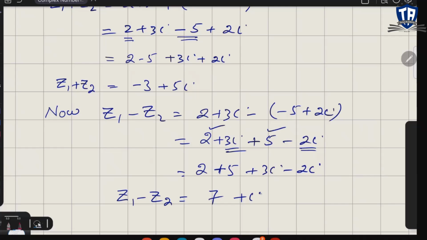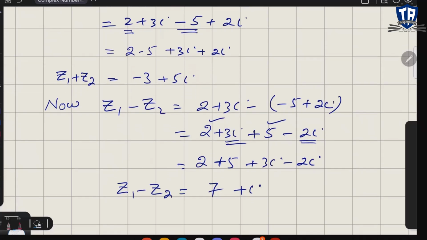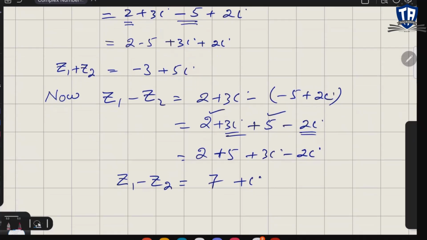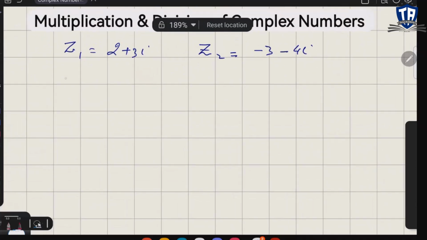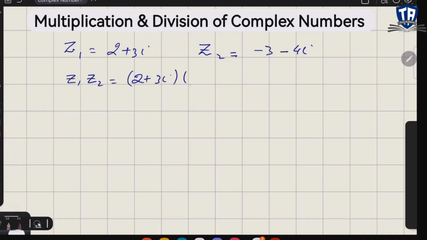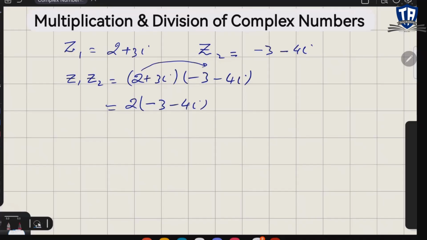Okay, next is multiplication of two complex numbers. When we are going to multiply two complex numbers, we write them in brackets. And multiplication is very simple. Minus 3 minus 4 iota: these two will multiply with the brackets. And the next number is plus 3 iota, and the same procedure will be followed.